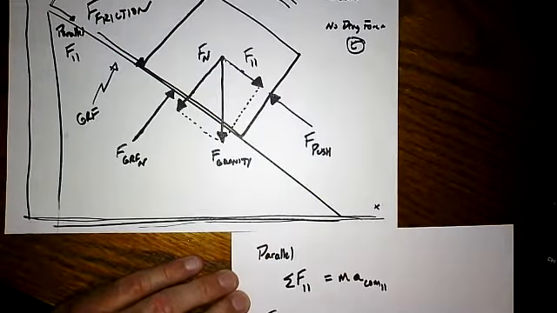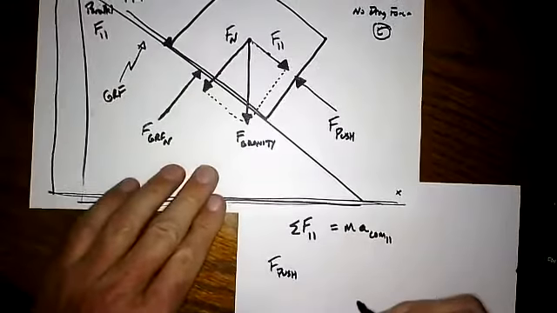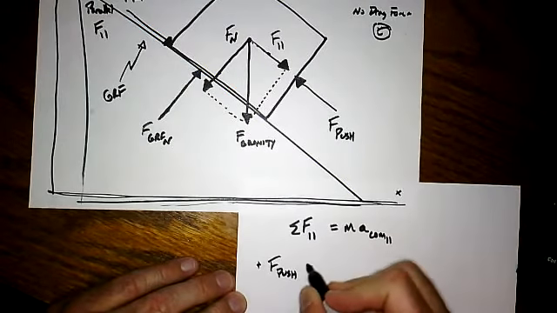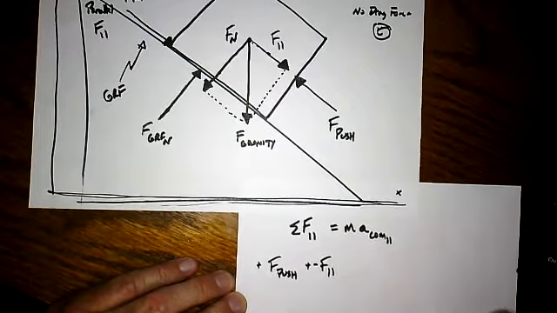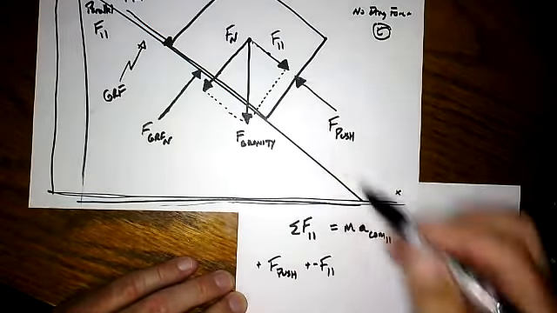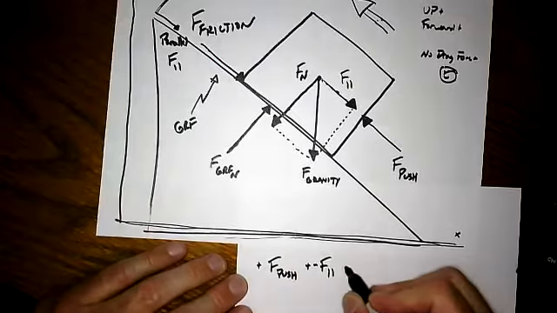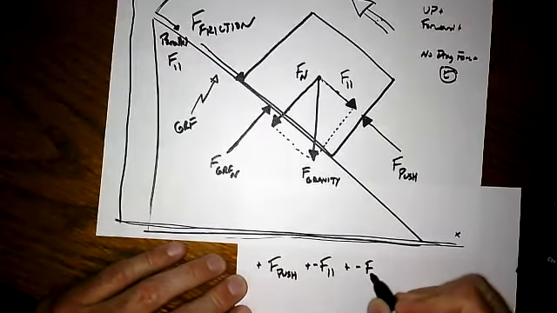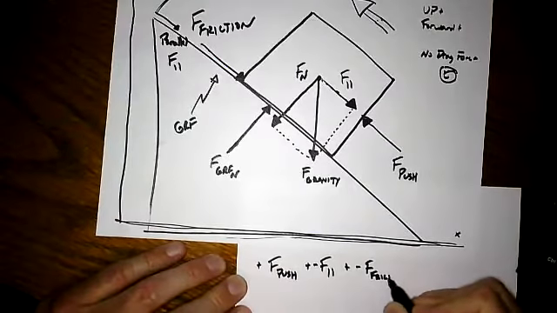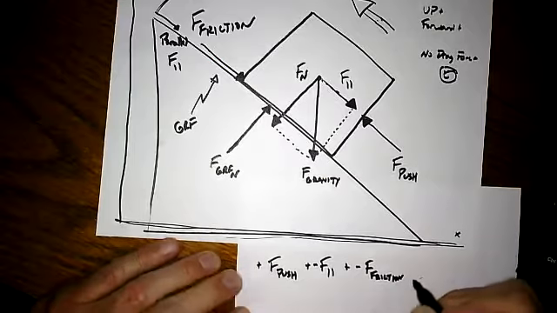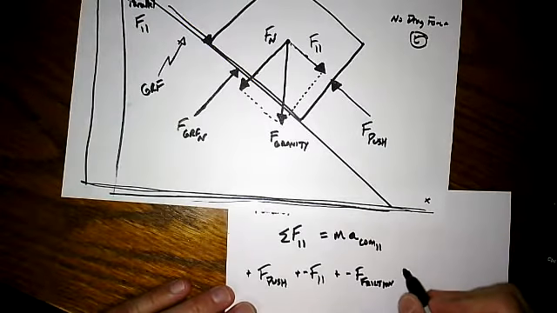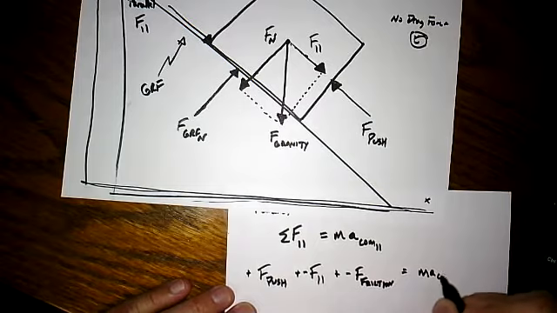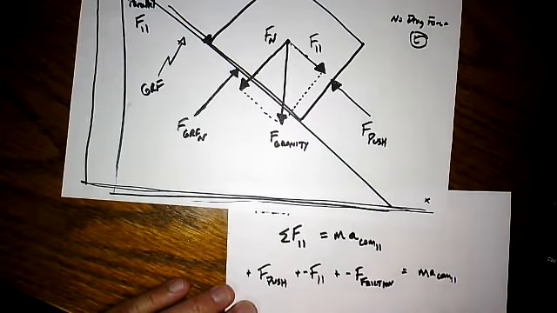So I'm going to put F push as a positive force, plus F parallel, which is going to be a negative force because that's pointing downhill, and plus F friction, which is also a ground reaction force. It's just a special name, and that's a negative because that's pointing downhill, equals M a COM parallel.